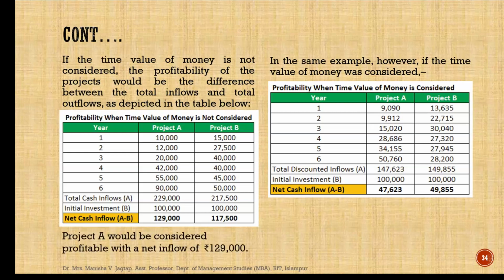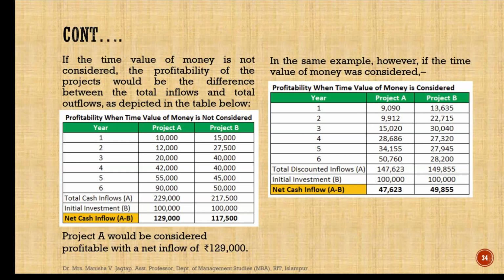If we never apply time value of money, we can see that project A would be considered profitable with a net cash inflow of rupees 1,29,000.